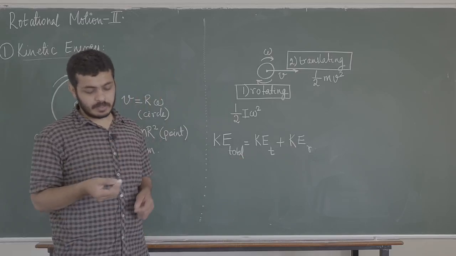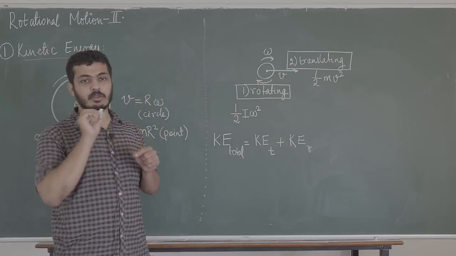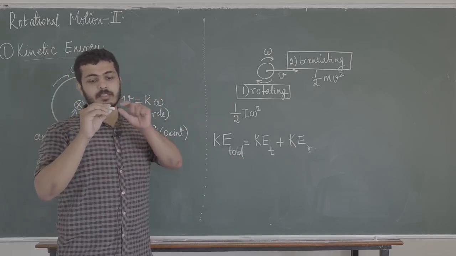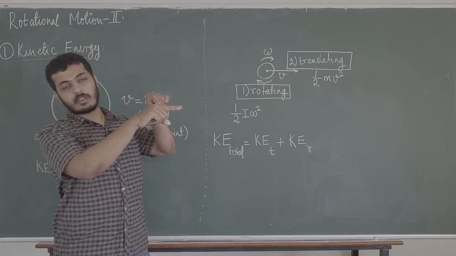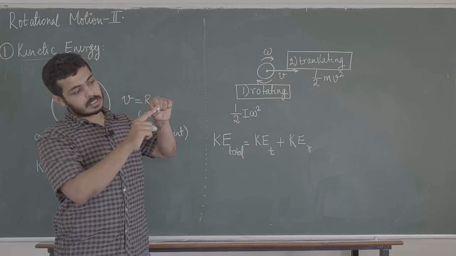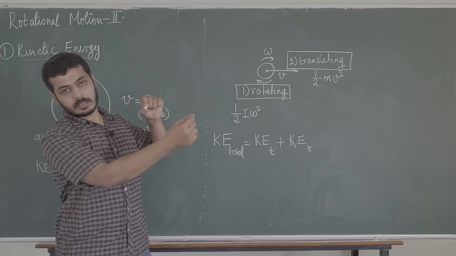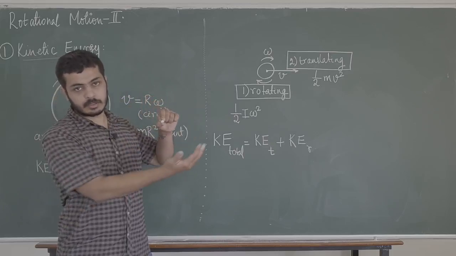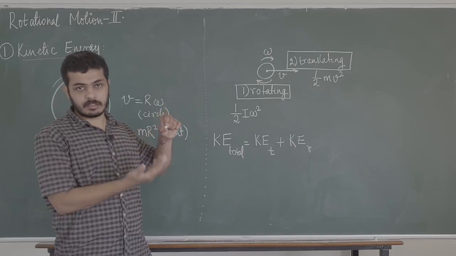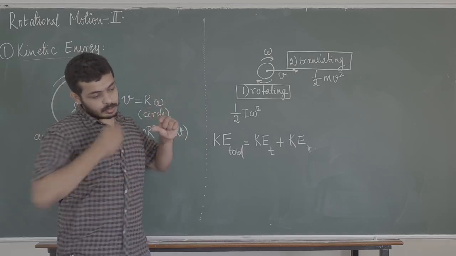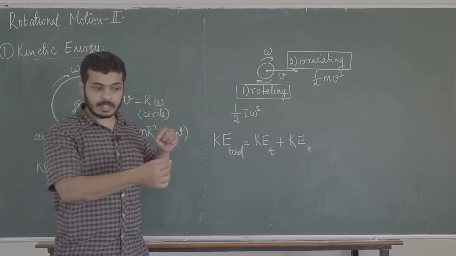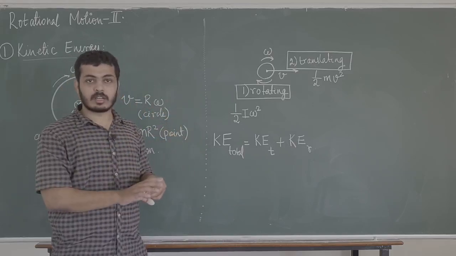Whenever something is moving, for example, if I throw this chalk towards you, this chalk is going to have a velocity. Because of this velocity, when the chalk is moving from one place to another, it has some kind of energy. To stop the chalk, I will have to do some work. If the chalk is rotating, even then to stop it I will need energy.